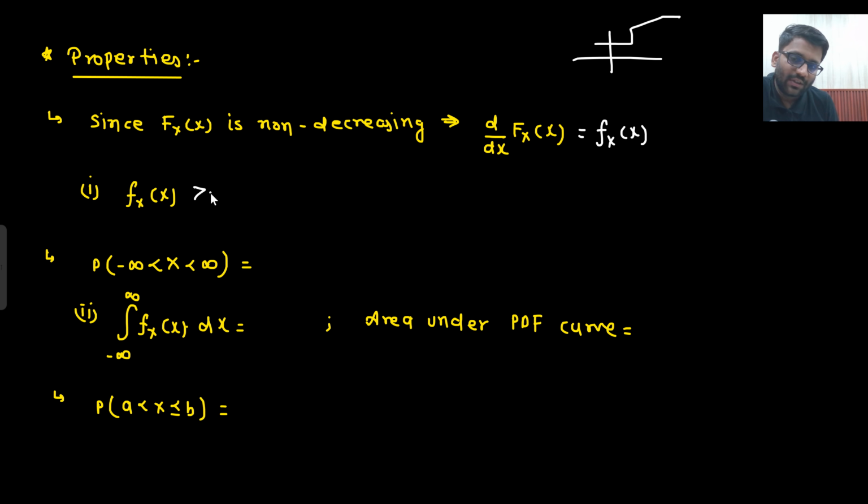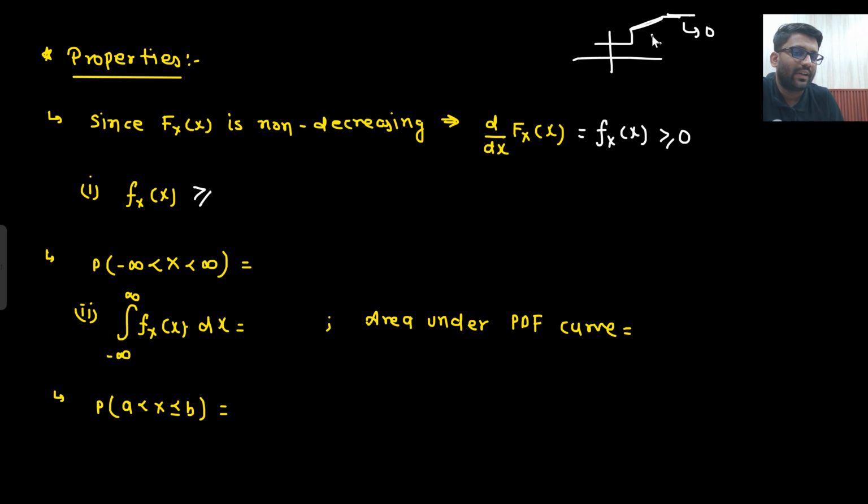That means what is the meaning of differentiation? Differentiation means slope only, right? So if your fx of x is non-decreasing, that means slope will never be negative. Slope will be either 0 or it will be positive, because it will either increase or it will remain constant.